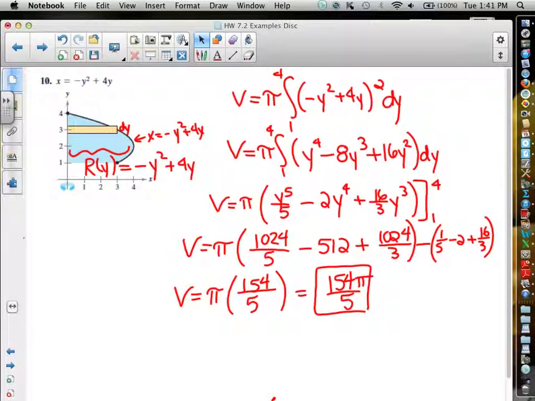Math by majority. Was it 153? Okay. All right. So we decided it's 153.